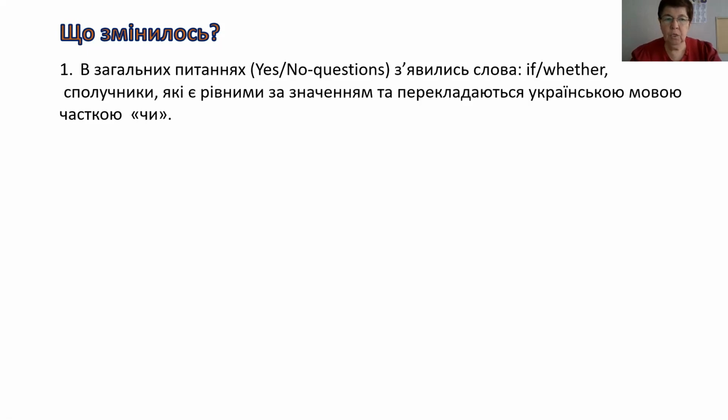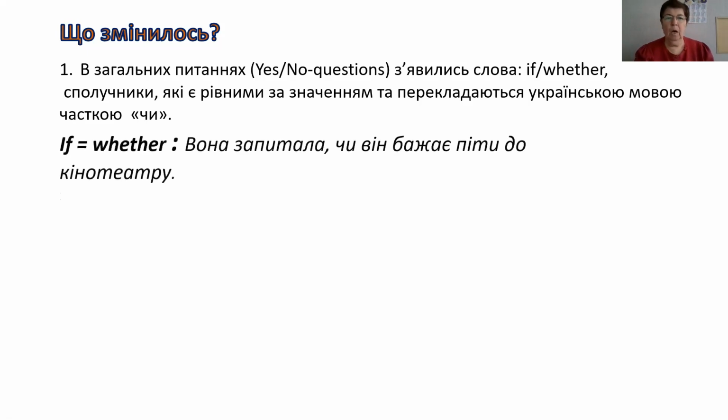These are the conjunctions which are equal and change into Ukrainian language as a particle "чи". For example, вона запитала, чи він бажає піти до кінотеатру.